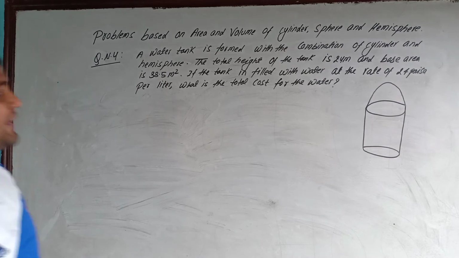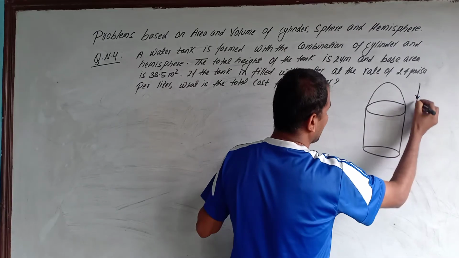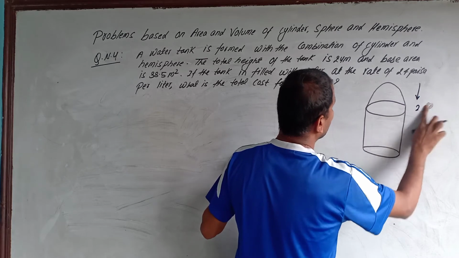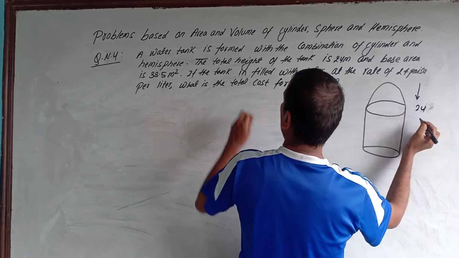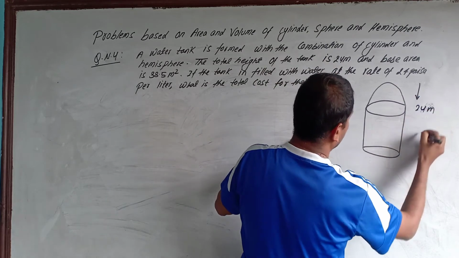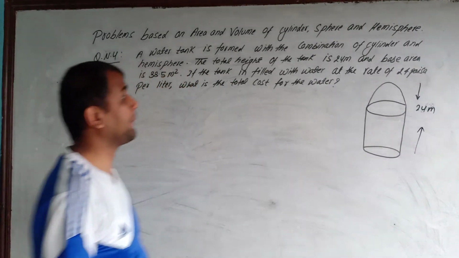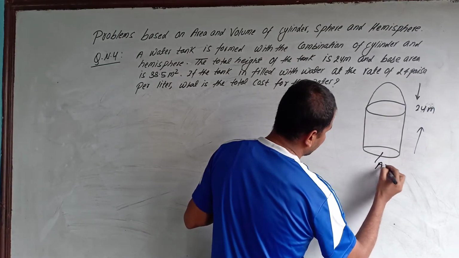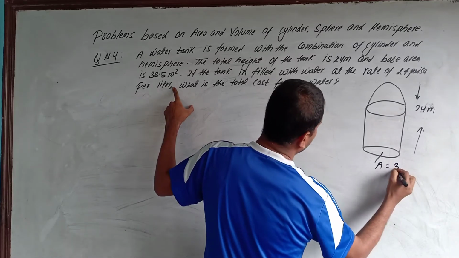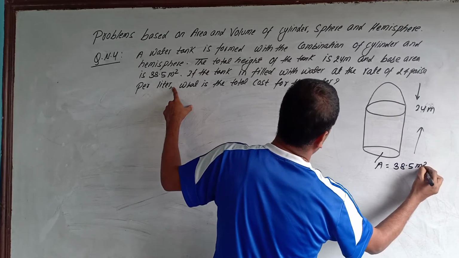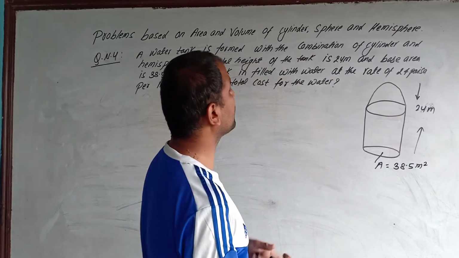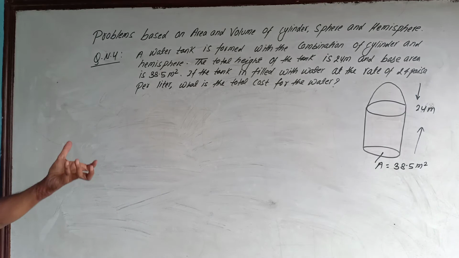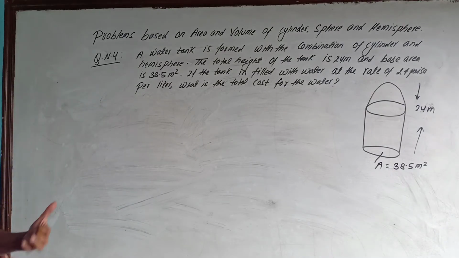The total height of the tank is 24 meters. That is the height of cylinder and hemisphere together. And the base area A is equal to 38.5 meters square. If the tank is filled with water at a rate of 25.4 paisa per liter, what will be the cost of the water? That means what is the cost of the total water in the tank?